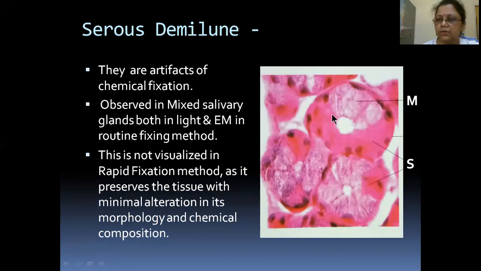So in this slide, you are not seeing any cap over the mucus cell. You are seeing the same size of mucus acini and the same size of serous. Here also, the serous acini look like a pyramidal cell. Here also, isn't it? Okay. So that is the real truth of serous demilune.